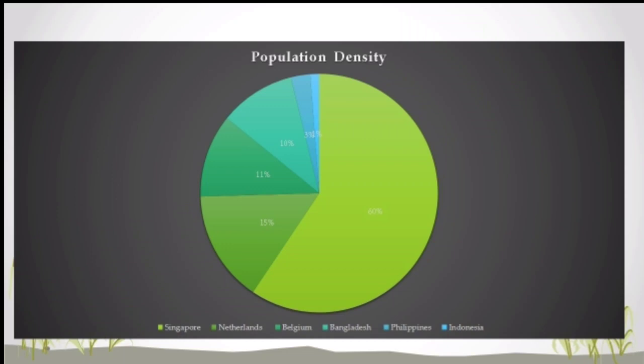The Philippines has 195.7 per square kilometer, and Indonesia has only 91 people per square kilometer. Can we then consider Singapore, Belgium, and the Netherlands overpopulated, and Bangladesh, the Philippines, and Indonesia not?